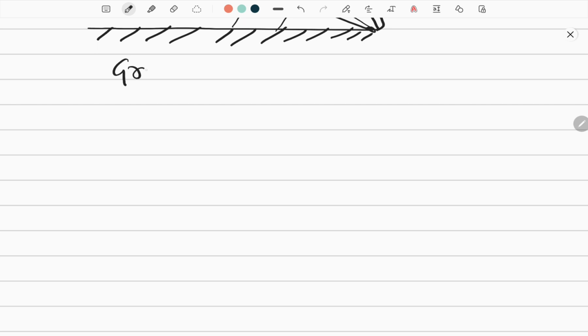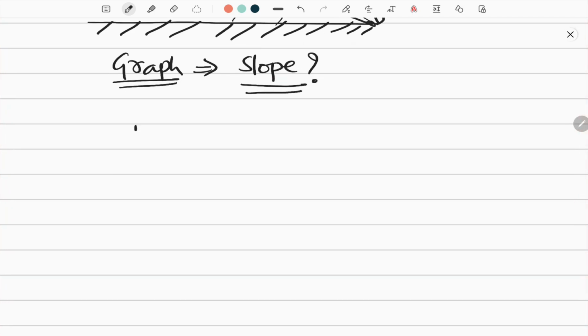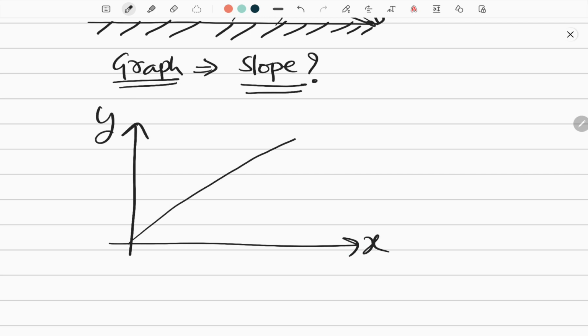Any graph is there, for example, how to find its slope? First of all, let us have a look at that, then we'll carry on with other things. For example, this is the x-axis, and this is the y-axis. Any graph is like this. If you want to find out its slope, this angle is very important. If this angle is more, then slope is more.